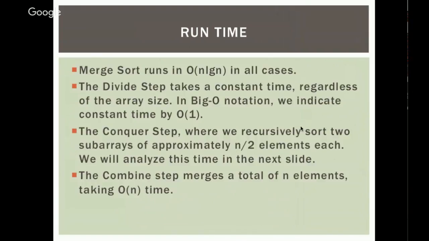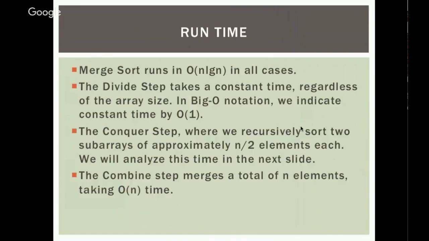Merge sort's runtime is big O of n log n in all cases, which is a little different than insertion sort that we looked at. The divide step takes a constant amount of time, regardless of the array size, which we indicate in big O notation as big O of 1.